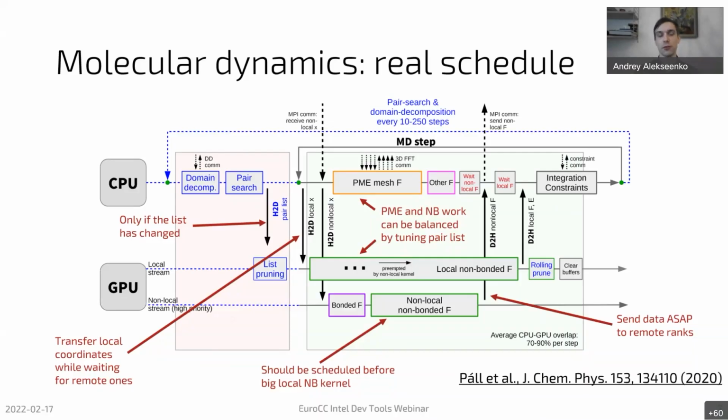But if there are any forces that are CPU only, then moving integration to GPU might actually be slower. And we need to support all those different workloads, which adds quite a lot of complexity to our scheduling code.